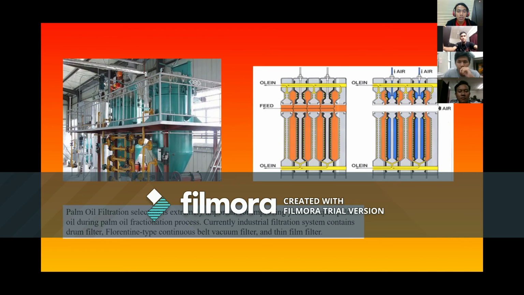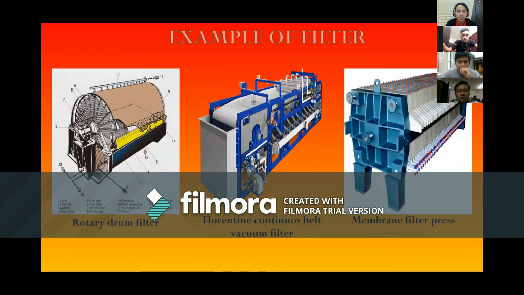The next one is the example of the filters, which involve the rotary drum filter, Florentine continuous belt vacuum filter, and the membrane filter. The common one, which has been told by our team members, is the membrane filter, the most common filter equipment used in the dry fractionation process.